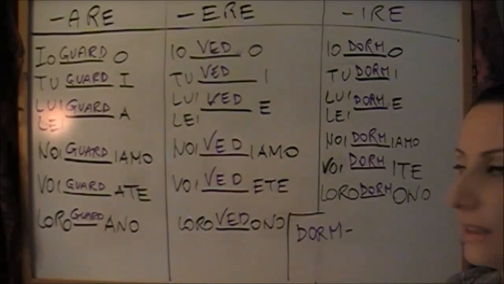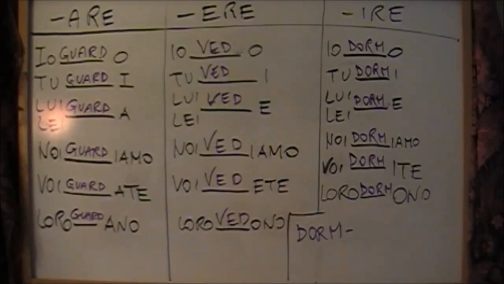Voi vedete, loro vedono. Io dormo, I sleep. Tu dormi, you sleep. Lui dorme, he sleeps. Lei dorme, she sleeps. Noi dormiamo, we sleep. Voi dormite, you guys sleep, or you all. Loro dormono, they sleep.